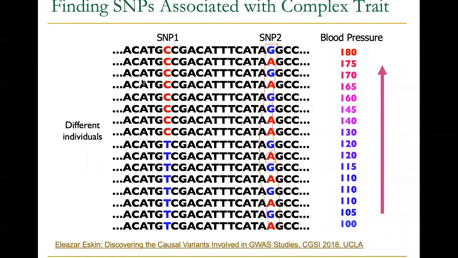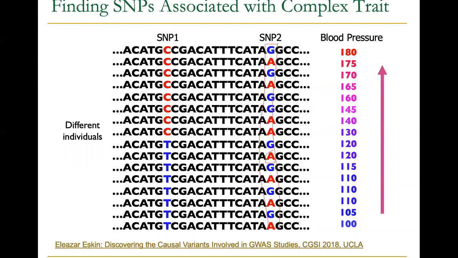No. Okay. Not much correlation. All right, very good. So how about SNP1? Lots of correlation. Yeah, what can you say? If you have C, there's rather high blood pressure, and with T, low blood pressure.